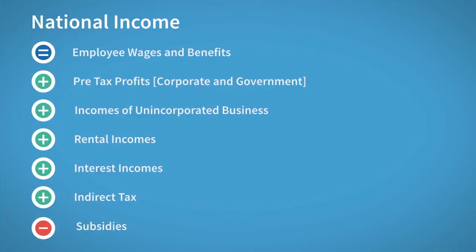Well, remember that when we see a sales tax on a product, the business is not actually receiving that money. So if I buy a product today for €50 and €5 of that is sales tax, then only €45 actually goes into the revenue for that company. So if we only counted the revenue of the company in the incomes of unincorporated businesses portion, we would actually miss out on that €5 of spending, which is actually happening.